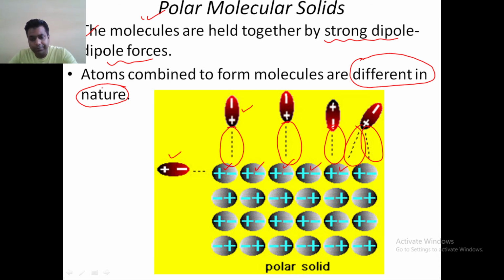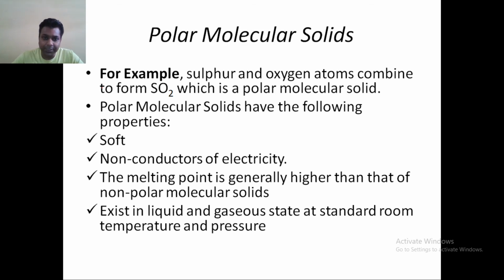Like previously we discussed non-polar, polar molecular solid examples are sulfur and oxygen atoms. A combination of sulfur and oxygen makes SO2, so SO2 is a polar molecular solid.